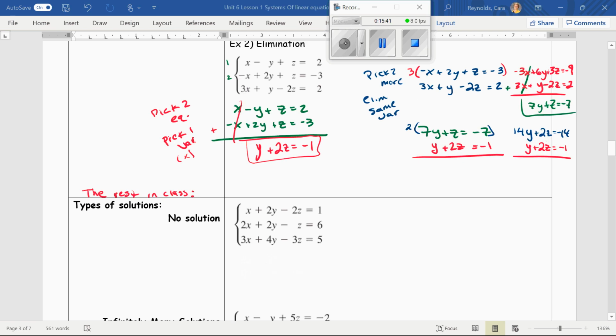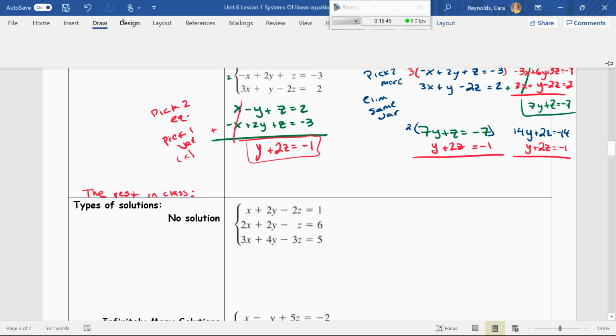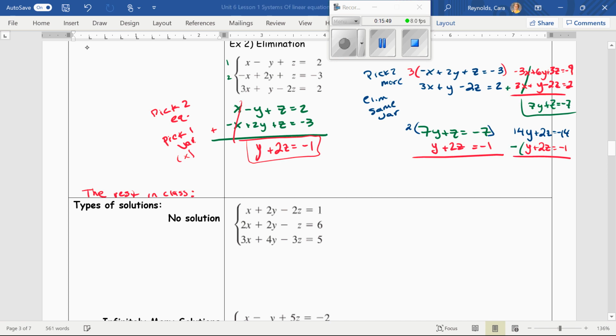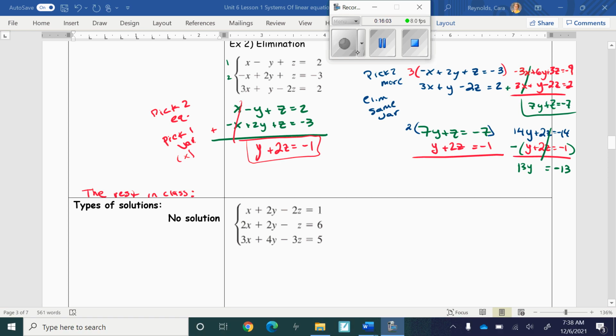After multiplying this top one by 2 to get the z's to be the same, because they're the same this time, I'm going to subtract down my equation. So I get 13y, watch your signs here, and so y equals -1.